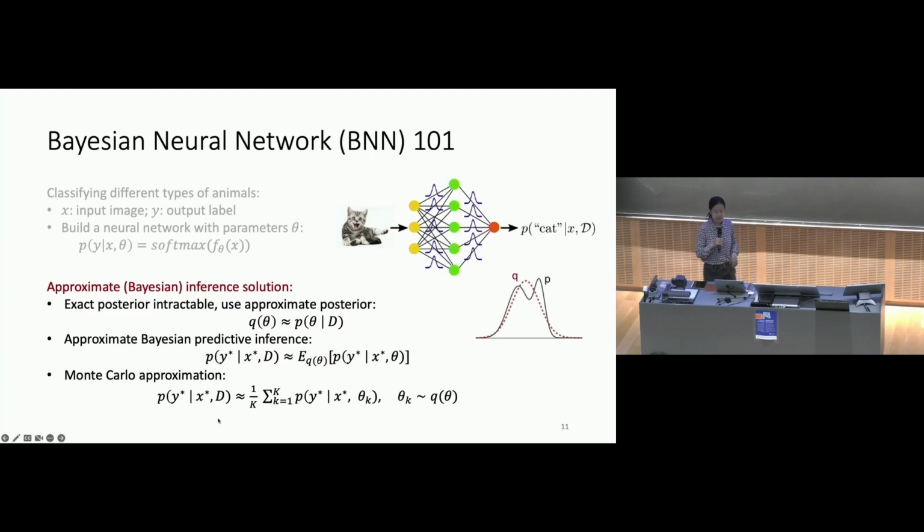So to summarize, in this Bayesian neural network, you need to find a way to approximate the posterior. And then at prediction time, you can sample from the approximate posterior, use that to form an ensemble, and then use the formed ensemble to produce an output.